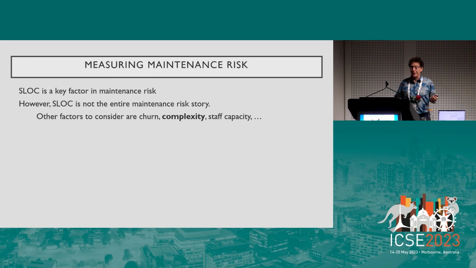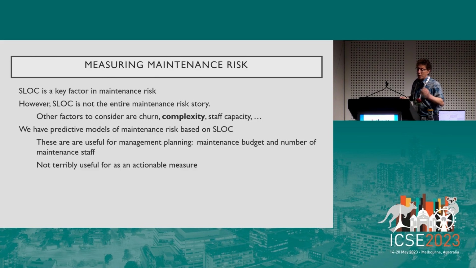Yes, it's true that big files are bad, but there are other factors that are also important and more insightful. So churn: how quickly is this file changing? How often is it changing? How many new lines of code are added to it in a given time period? How complex is this file? What are the capabilities of the staff, and are they already overloaded with work?